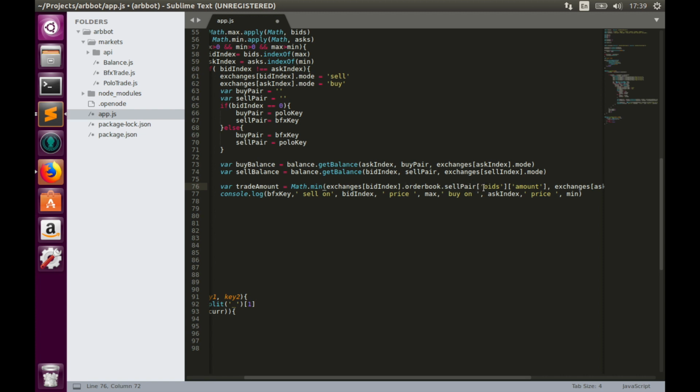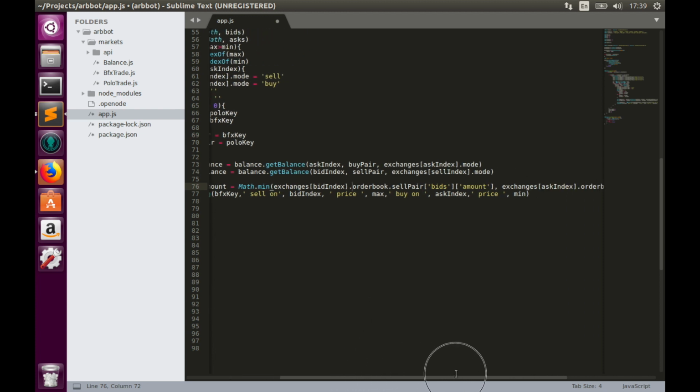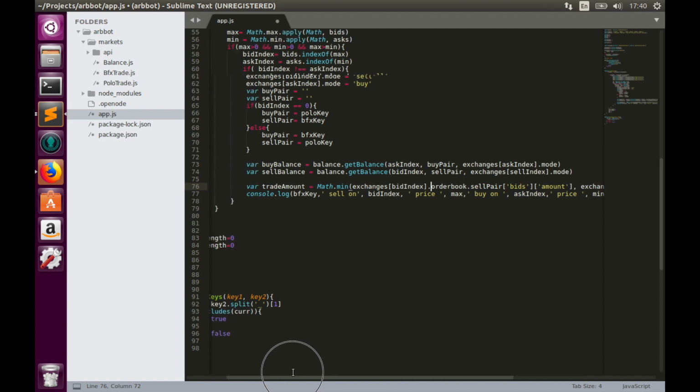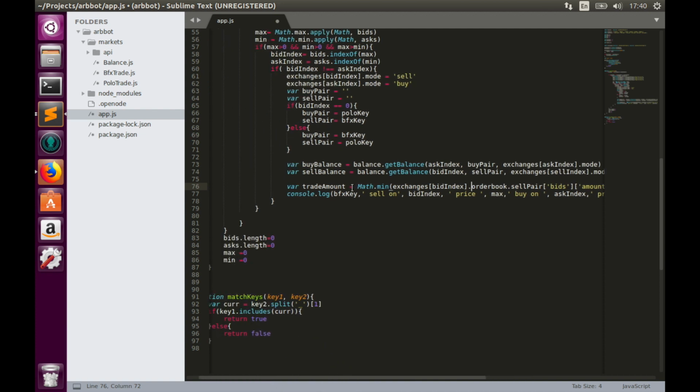We take the highest bid and amount, for instance 1 Ethereum. And we compare this amount with Poloniex, where ask index equals 1, buy pair also equals Ethereum to Bitcoin, asks, and amount equals 2 Ethereums. So because 1 Ethereum is smaller than 2 Ethereums, our trade amount equals 1.